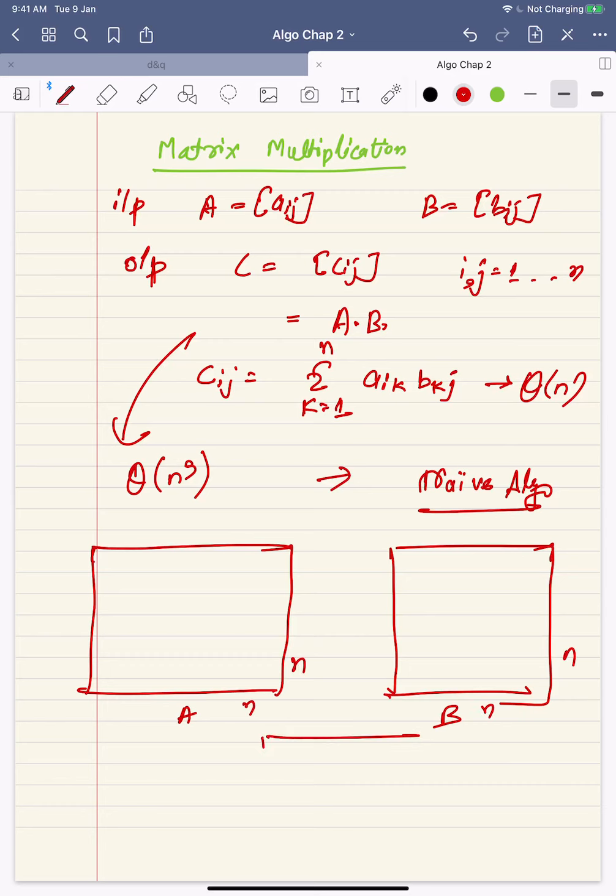Then I have to multiply these and get a matrix C, n cross n. Right? Now, how can you use divide and conquer here? What can you divide? You can say, okay, I can divide them into smaller matrices, right? So I can say, okay, let's make a symmetric division.